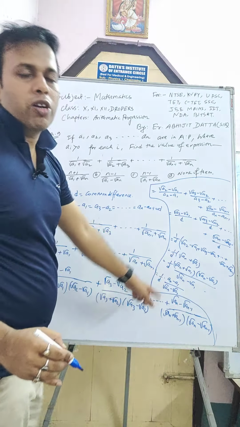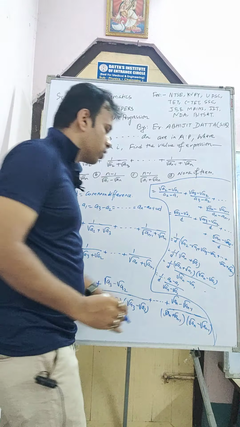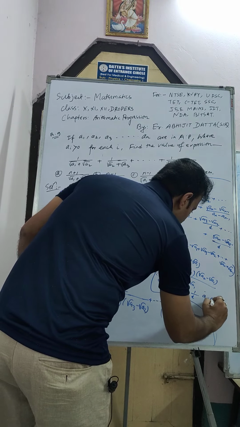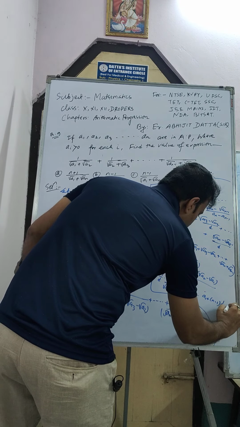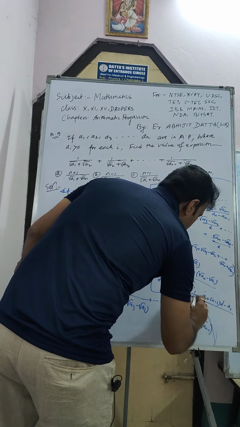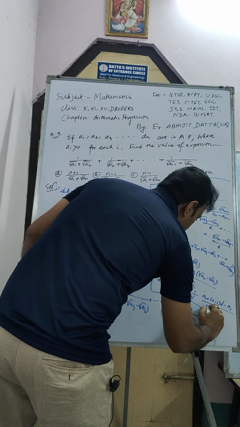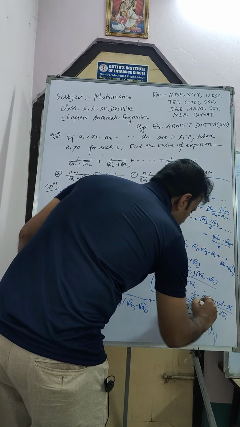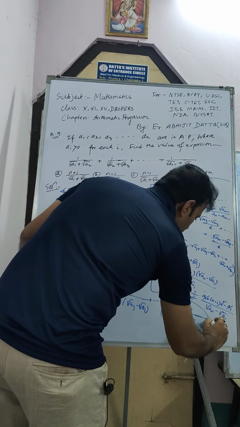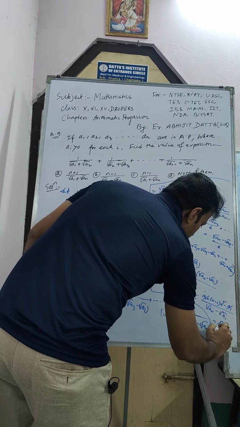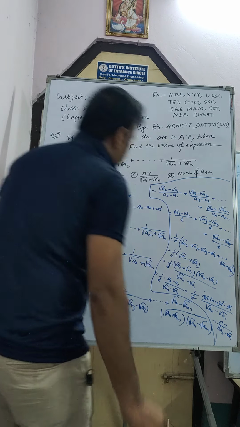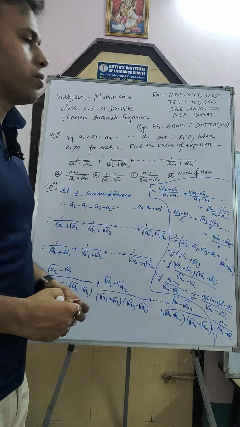Now just put the value of an. The nth term is what? First term plus (n minus 1) times d, so an minus a1 equals (n minus 1)d. The d will be cancelled. So what is left here? n minus 1 by root an plus root a1. Okay, so the answer is (n minus 1) by root an plus root a1.